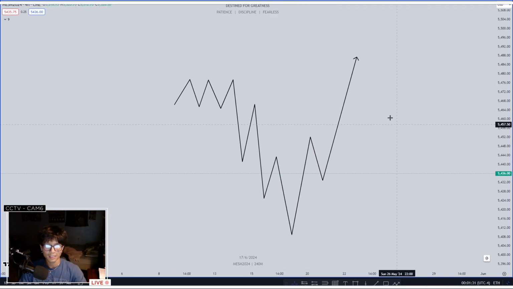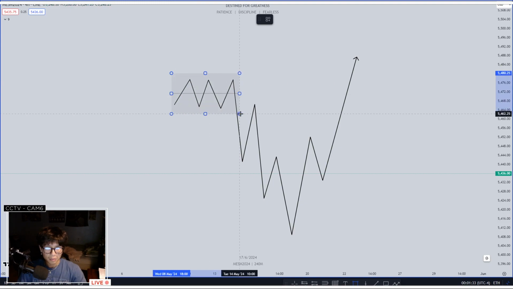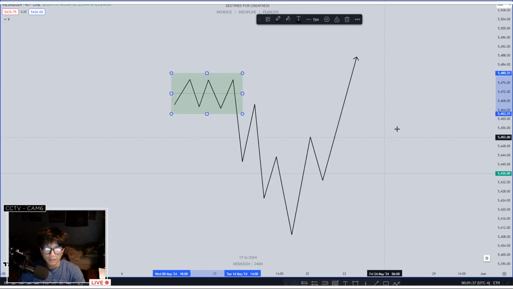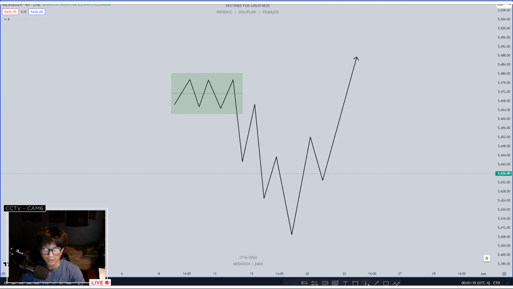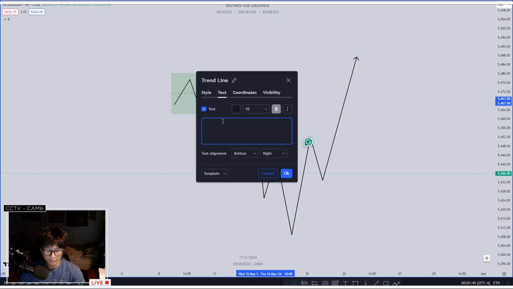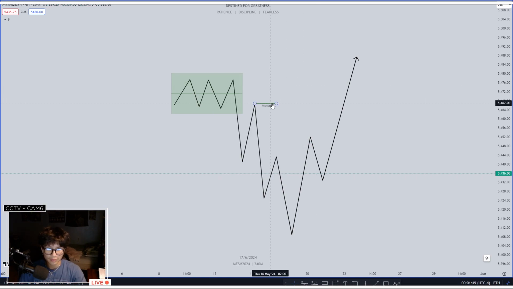So we just add some lipstick to this. Consolidation. This would be our first stage accumulation here. This would be the second stage.